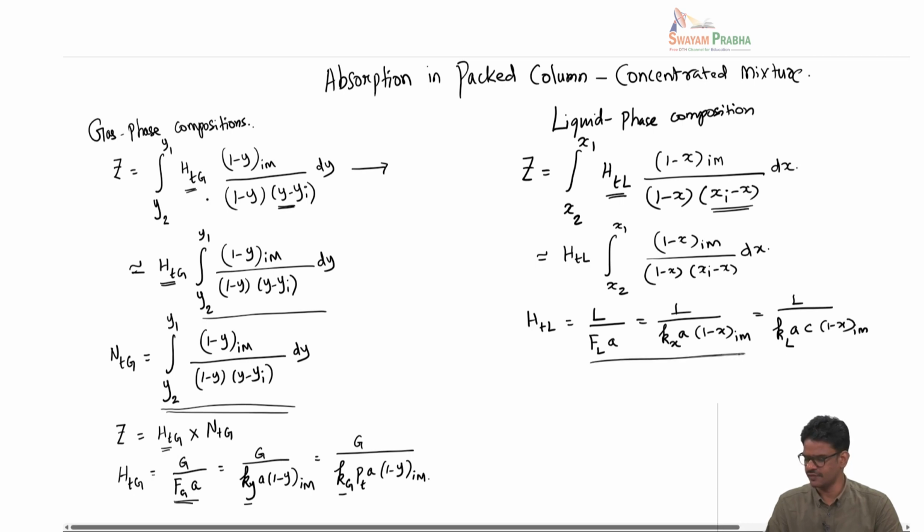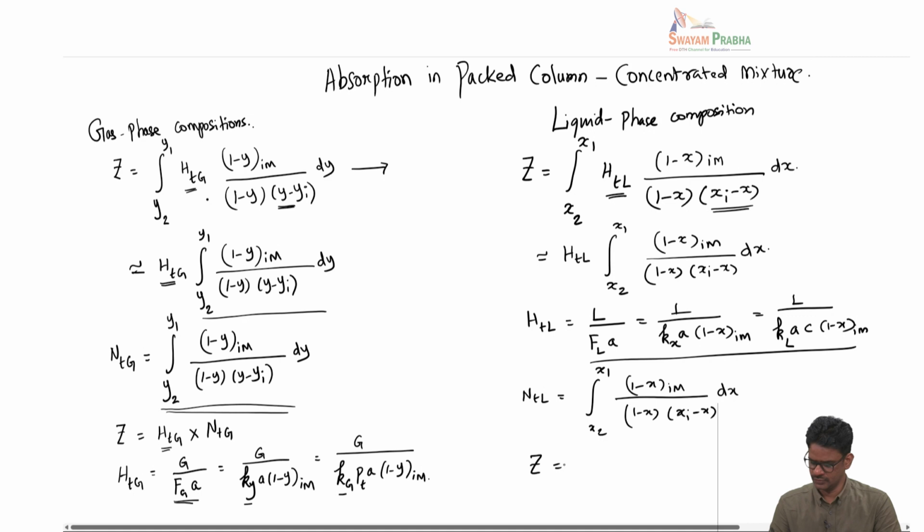So these are the conversion factors if you want to replace the F type with the K type mass transfer coefficients. And NTL will be the remaining term. So therefore the height of the column can be written as HTL times NTL.